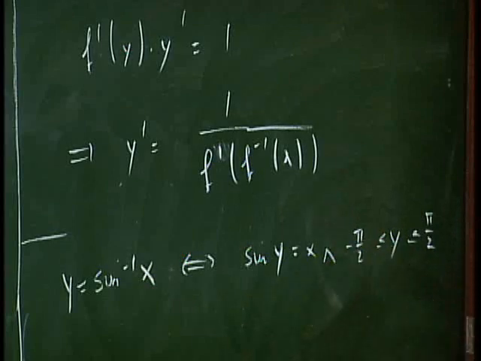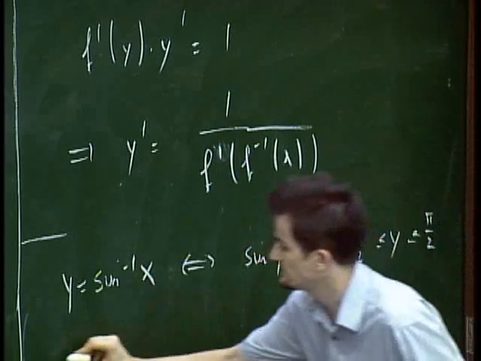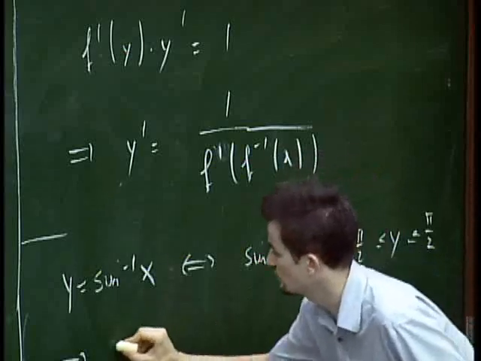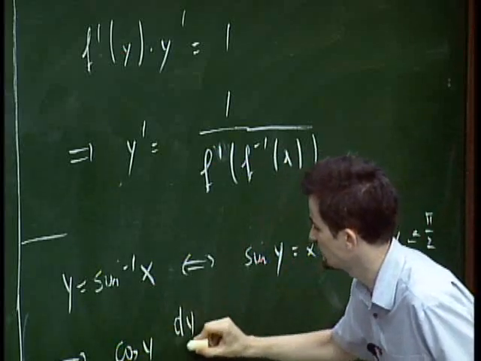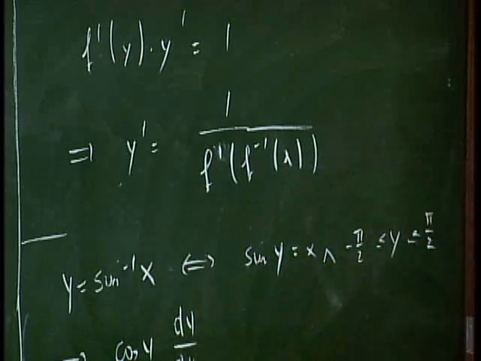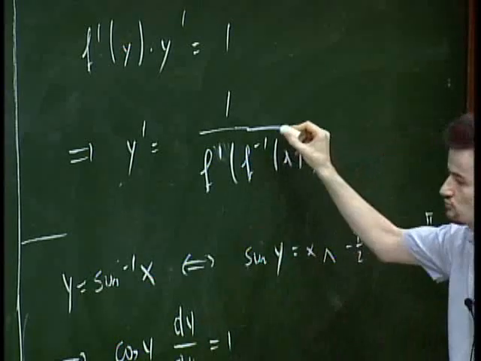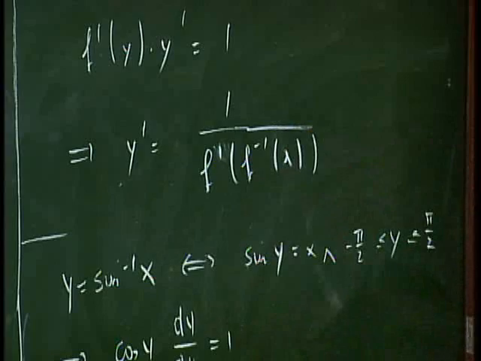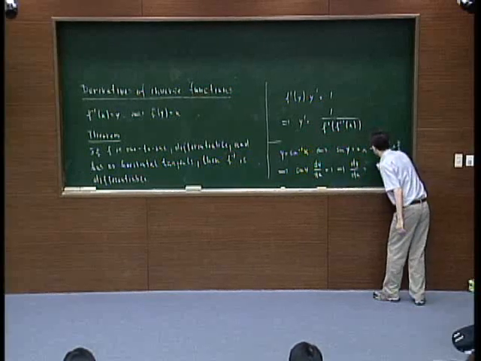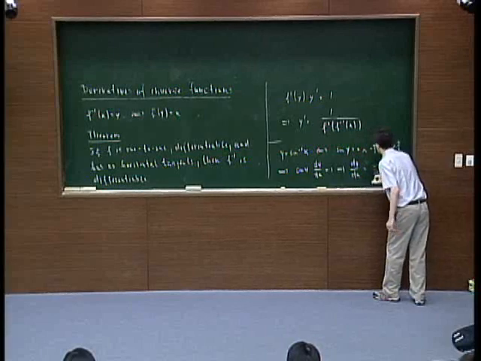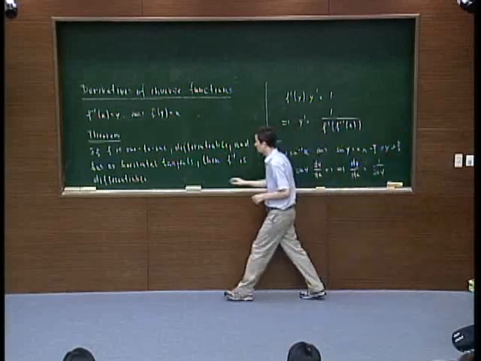Now you apply the method of implicit differentiation. The sine of y becomes the cosine of y times the derivative of y with respect to x, equal to 1. You just do the same as here. This means that dy over dx is equal to 1 over the cosine of y.